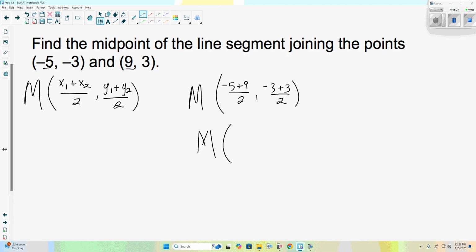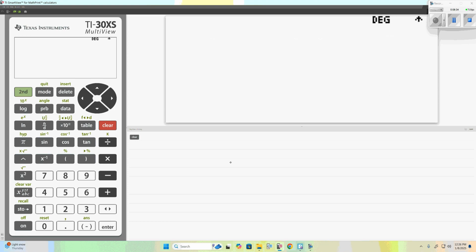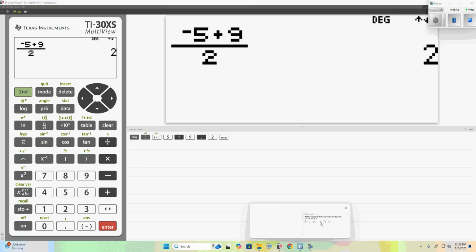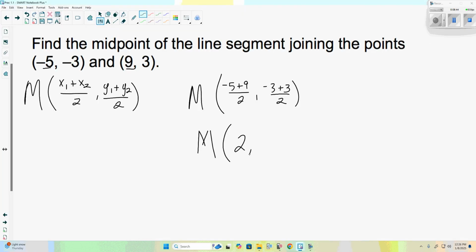Now at this point here, we don't have to do any of this by hand. We could do this all in the calculator because negative 5 plus 9 over 2 is 2. And our other value is negative 3 plus 3. Well, what is negative 3 plus 3? 0. Yep.